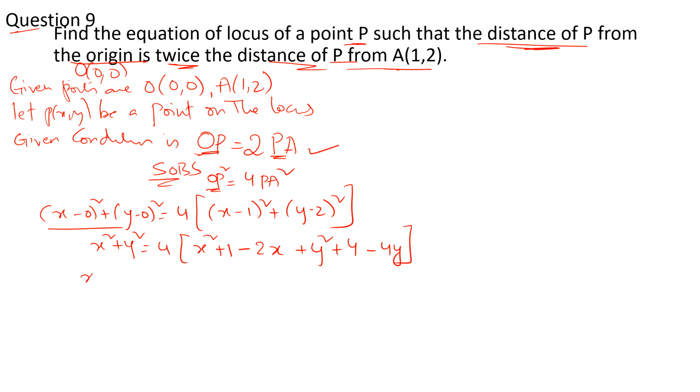And here x square plus y square is equal to 4x square plus 4y square minus 2, 4s are 8, minus 8x minus 4y. 4 into 4 is 16y, and 1 plus 4 is 5, 5 4s are 20, so plus 20. So finally, if x square comes on this side, then 4x square minus x square is 3x square, and 4y square minus y square is 3y square.